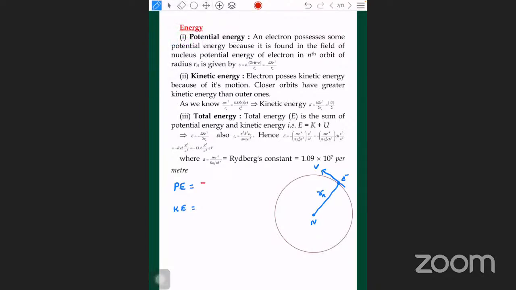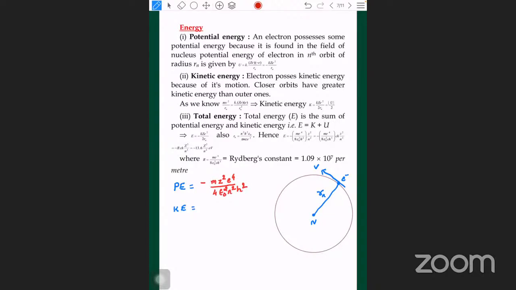Potential energy is given by the formula, please remember, minus m Z squared e to the power 4 divided by 4 epsilon naught squared n squared h squared.